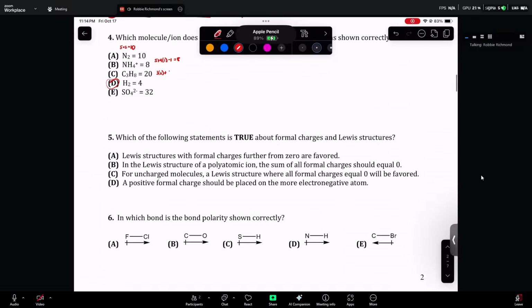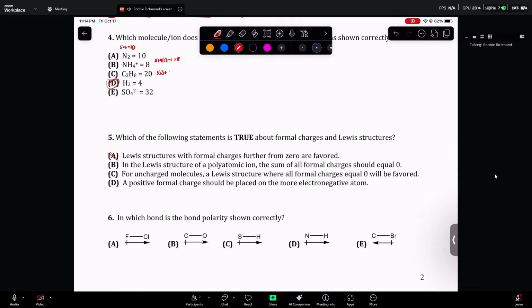Alrighty, which of the following statements is true about the formal charges and Lewis structures? Statement A, Lewis structures with formal charges further from 0 are favored. That's the opposite. We want minimized formal charges. B, in the Lewis structure of a polyatomic ion, the sum of all formal charges should equal 0.